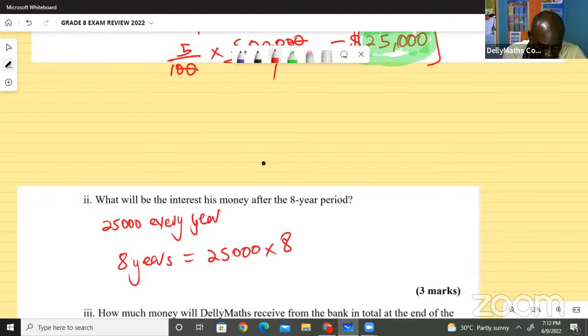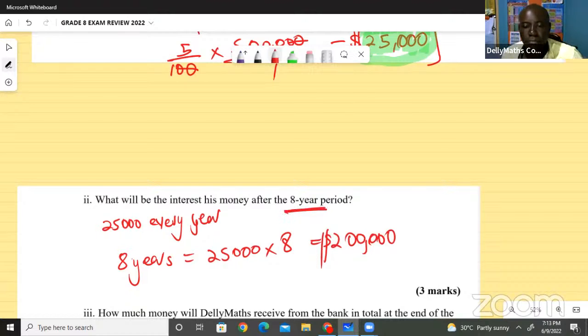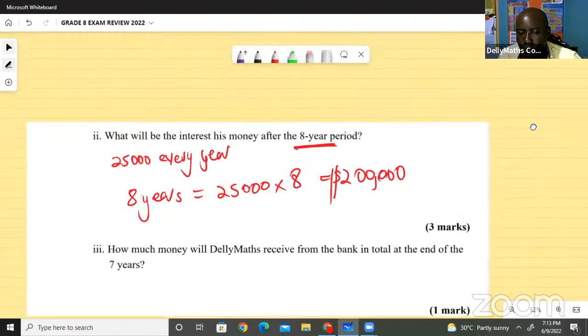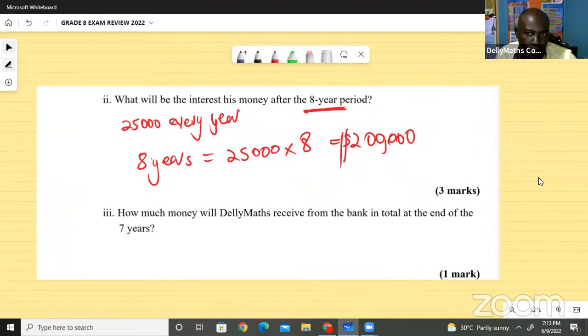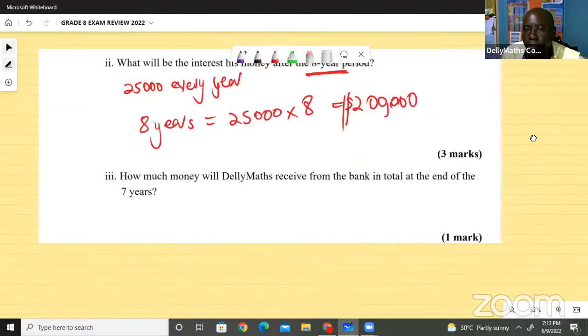You're a long way because you're in grade 8, yeah? 25,000 times 8, you're going to get 200,000, right? So when you work this out, you'll get 200,000 over an 8-year period. You'll make $200,000.